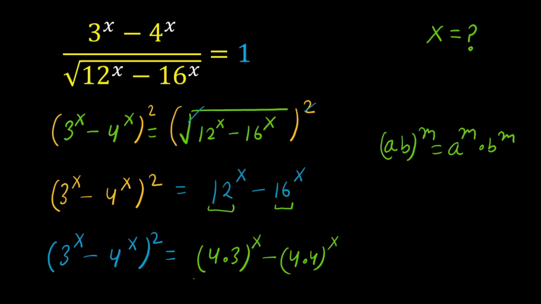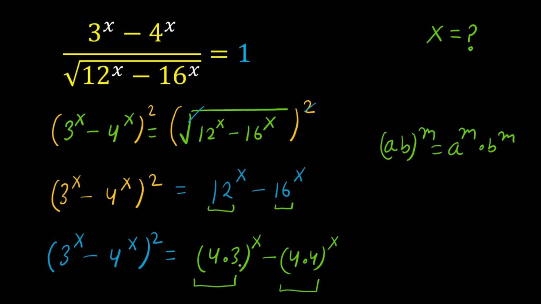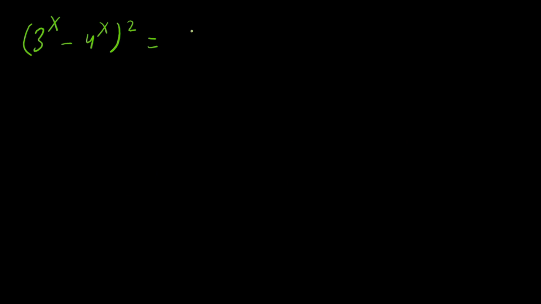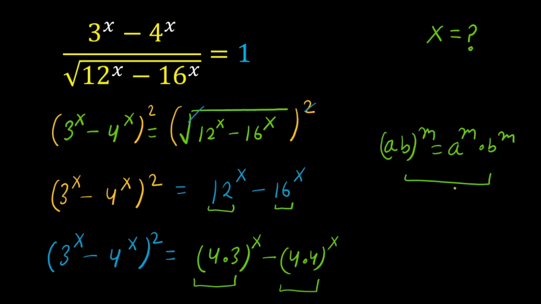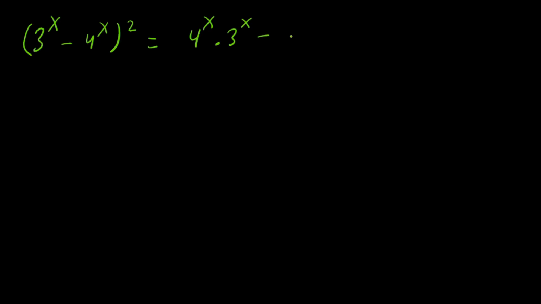If we apply this rule, the left-hand side is as it is, (3^x − 4^x)^2, and this equals 4^x times 3^x minus 4^x times 4^x.